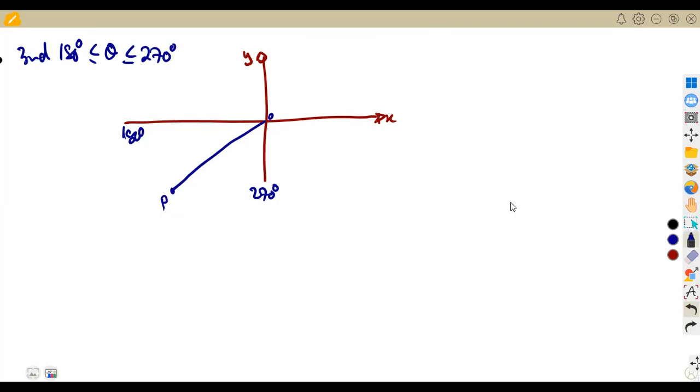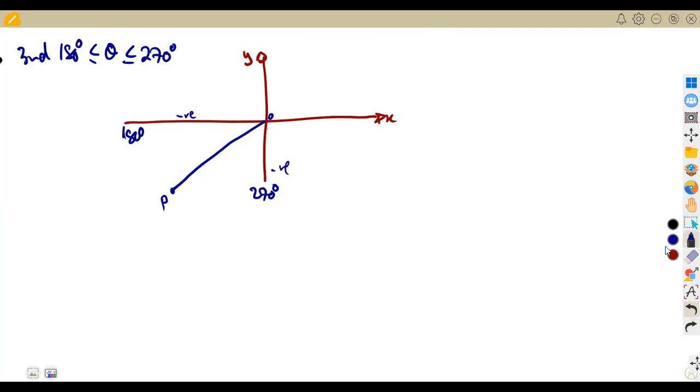In this quadrant, your X values are this side, and they are negative. The Y values are down below the X-axis, and they are negative.